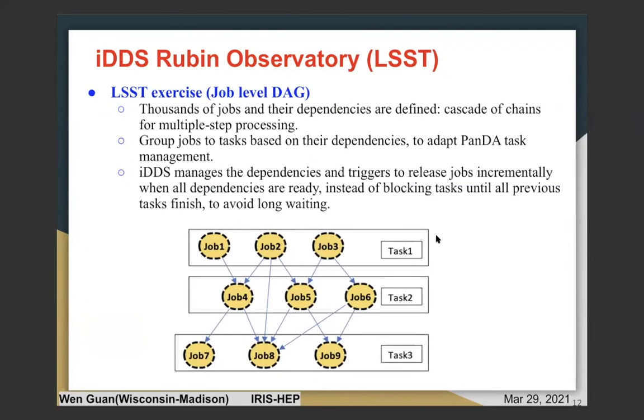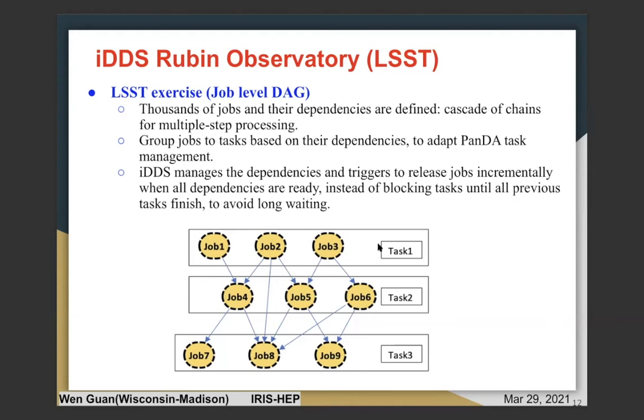Another use case for iDDS is the IRIS-HEP exercise. It's a job level tag. In IRIS-HEP, at first thousands of jobs are defined, and the dependency is also defined.